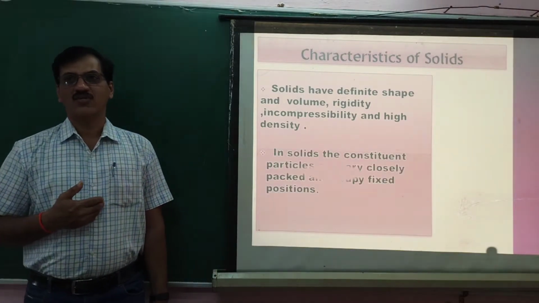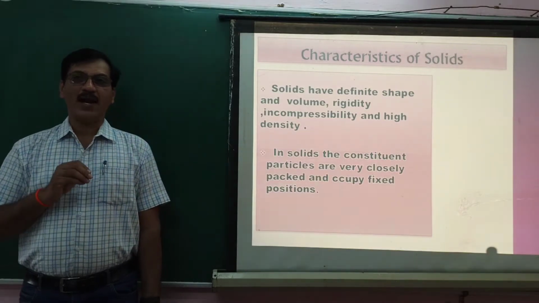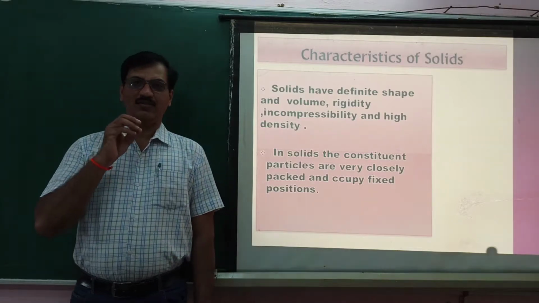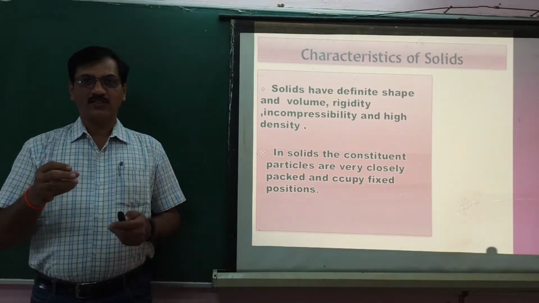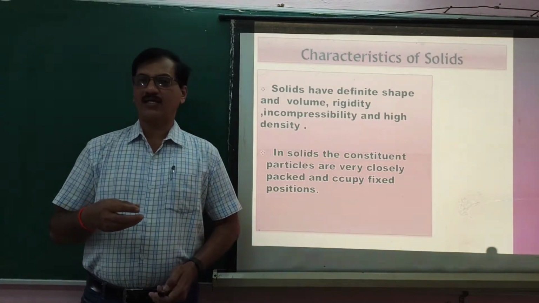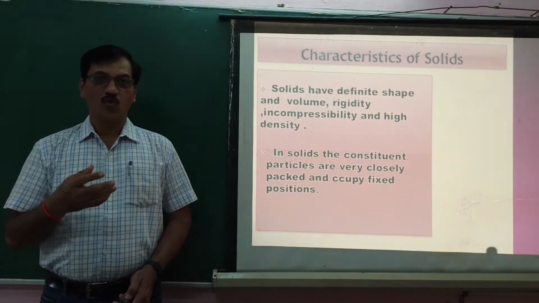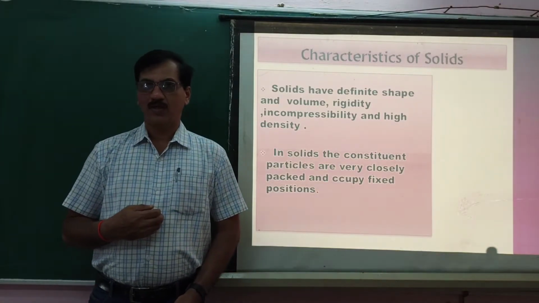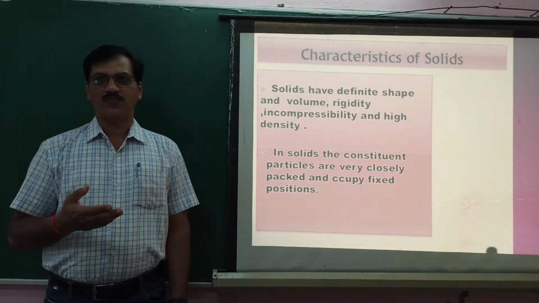Solids have constituent particles very closely packed, and therefore they occupy fixed positions, and the gap between the particles is small. So the voids or free spaces between the particles are few. That is the reason why they have definite shape and definite volume.